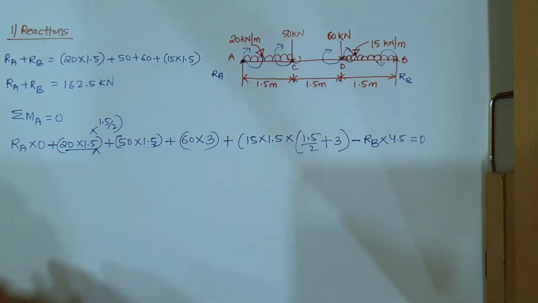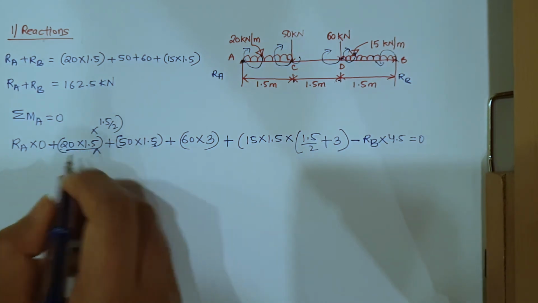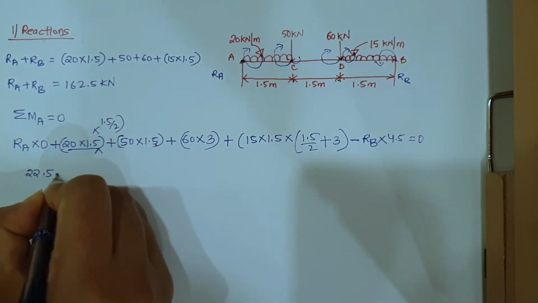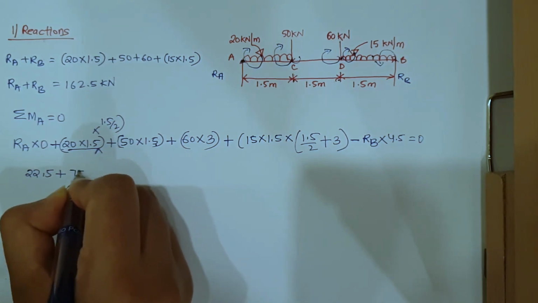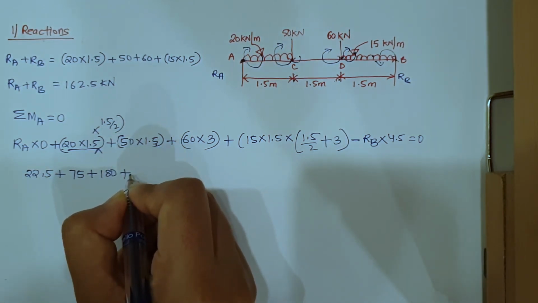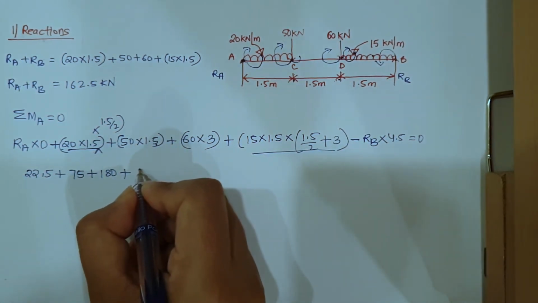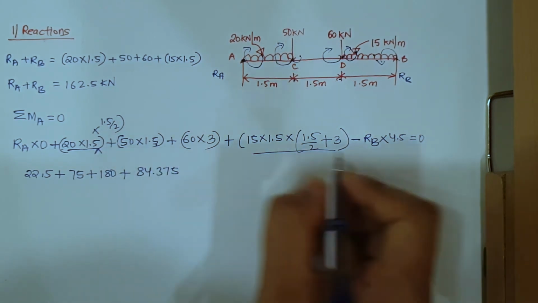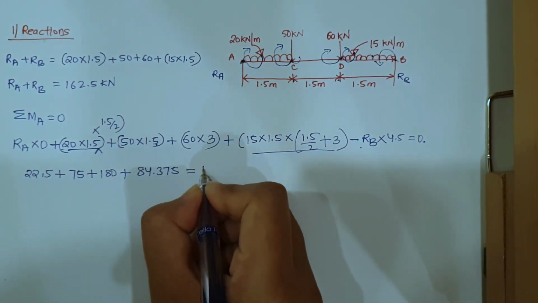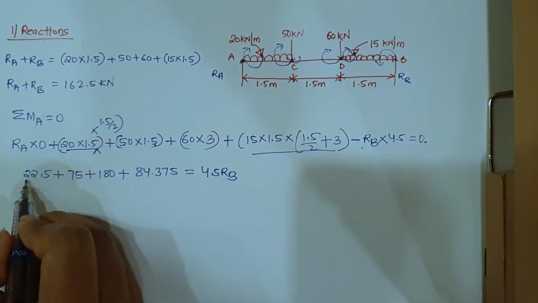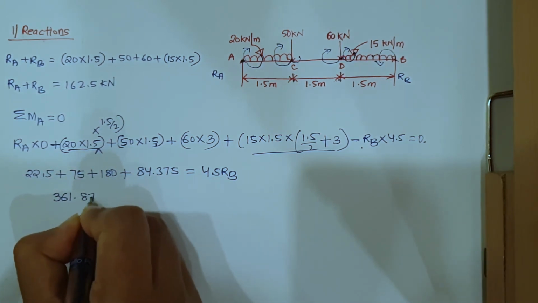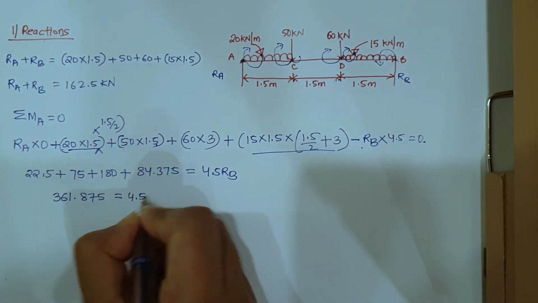So we have this. Now from here, solving this portion, you will get 20 into 1.5 into 1.5 by 2 will become equal to 22.5 plus 50 into 1.5 will be 75 plus 60 into 3, 180, plus 15 into 1.5, solving all this it will be coming equal to 84.375. Now if I take this RB to the right hand side, it will be positive, so 4.5 RB. So if you add all of this, the value will come equal to 361.875 equals 4.5 RB.